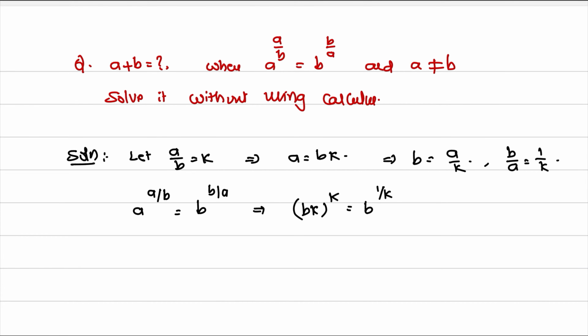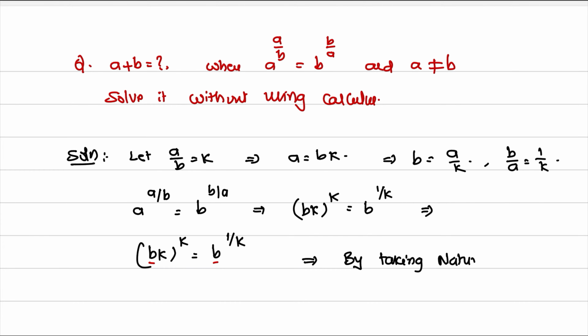These are the identities which we will use here, which implies bk to the power of k is equal to b to the power of 1 by k. Here you see the base is the same. In both the left hand side and right hand side, b is the base. So we have eliminated a here.